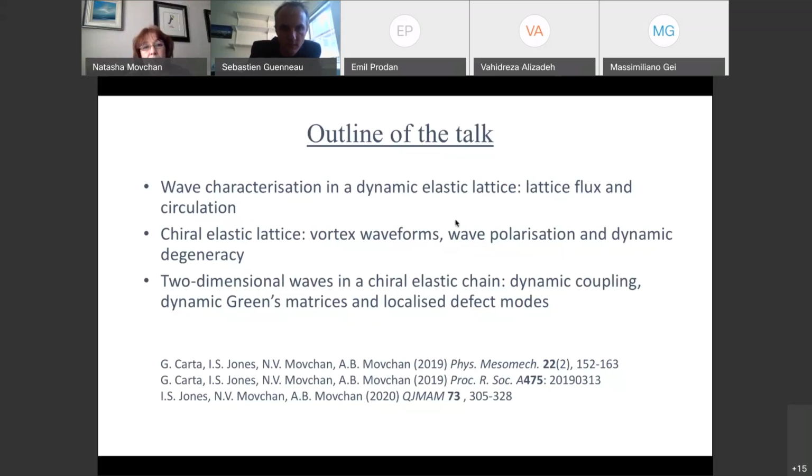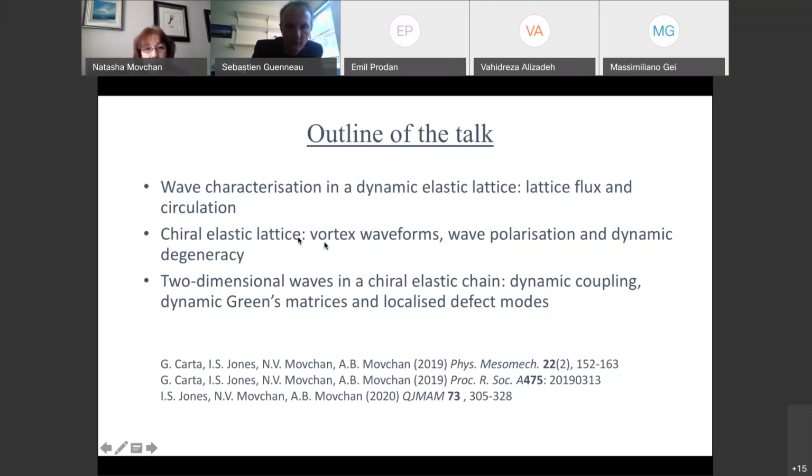What I will be most interested in are its additional waveforms, which are called here vortex waveforms. I will also talk about wave polarization and dynamic degeneracy, and how to use the notion of lattice flux and lattice circulation to characterize waves in a chiral elastic lattice.